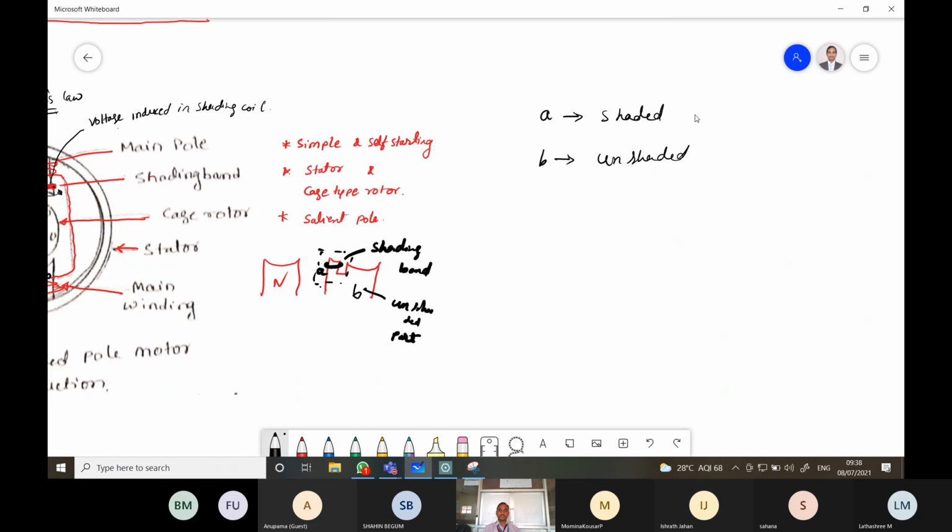The shaded portion flux is phi A, and the unshaded portion flux is phi B.